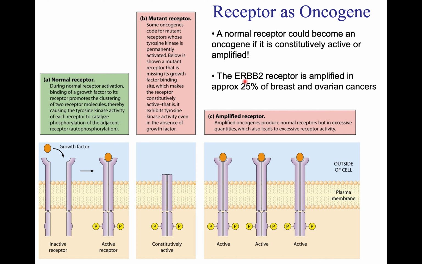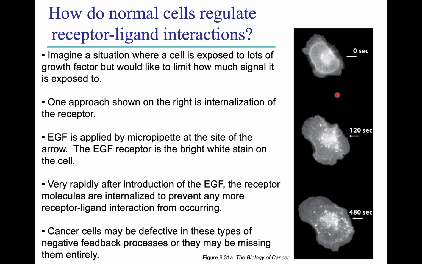So if you have too much estrogen receptor, then the estrogen hormone is signaling those breast cells, and also in some ovarian cancers as well, those cells to divide too much. So growth factor, the signal could be a problem if it's overproduced or overperceived. The receptor itself could be oncogenic.